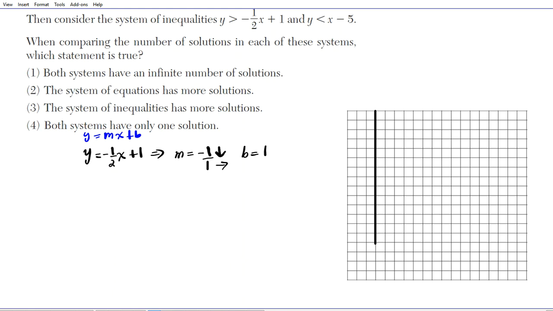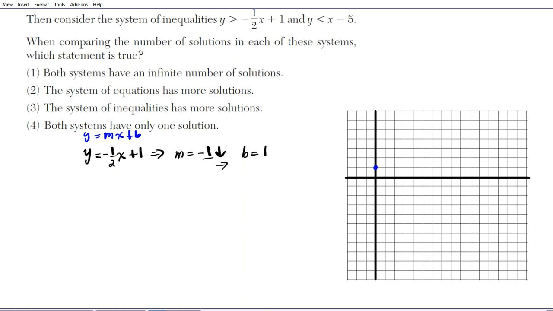So there goes my y-axis and my x-axis. I'm going to make the first line blue, okay? The y-intercept is 1, so I'm going to rise negative 1 and run 2.